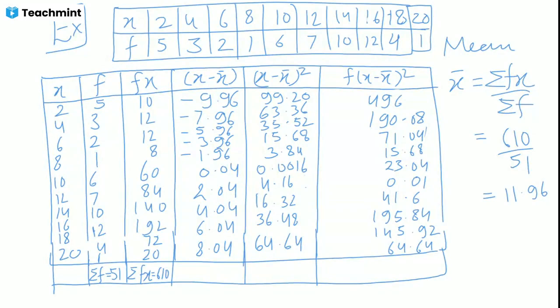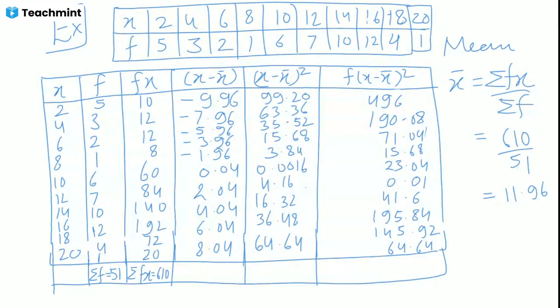Okay, so 496 plus 190.08 plus 71.04 plus 15.68 plus 23.04 plus 0.01 plus 41.6 plus 195.84 plus 145.92 plus 64.64.